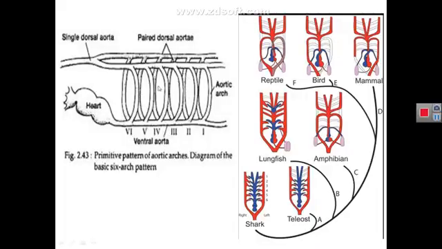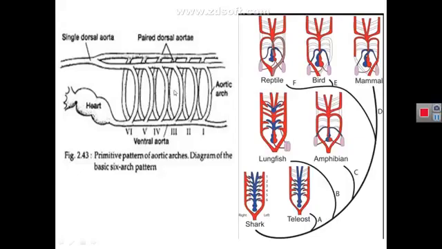The 6 aortic arches that we had just described in the primitive configuration of the arteries. We said we have 6 pairs of aortic arches connecting the bilateral dorsal aorta with the ventral aorta. These 6 arches are equipped in each species of animal to produce the final normal configuration of arterial system.